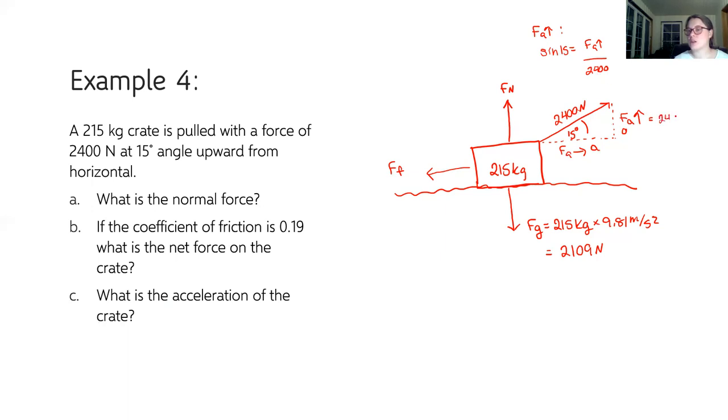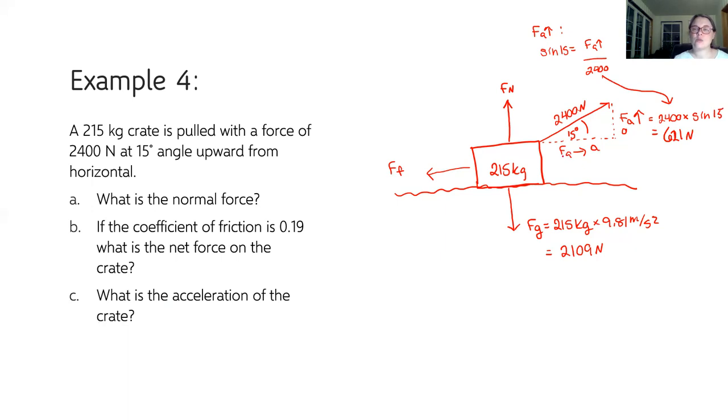So it's going to be 2400 times the sine of 15. Okay, so I'm just rearranging that information and bringing it down here. So my upward pull is equal to 621 newtons.